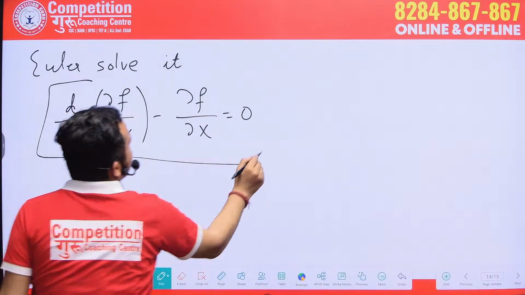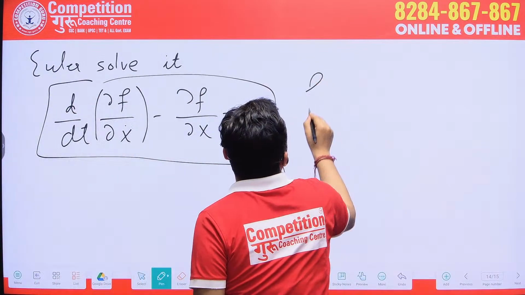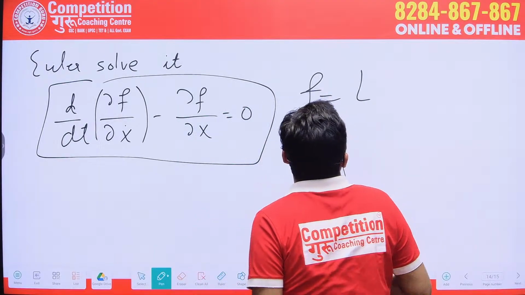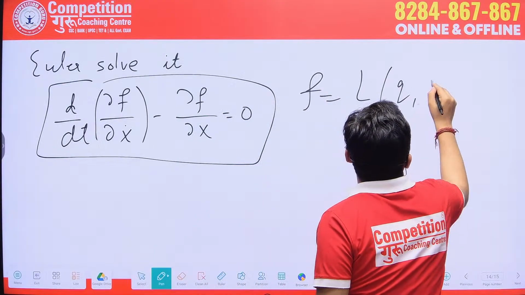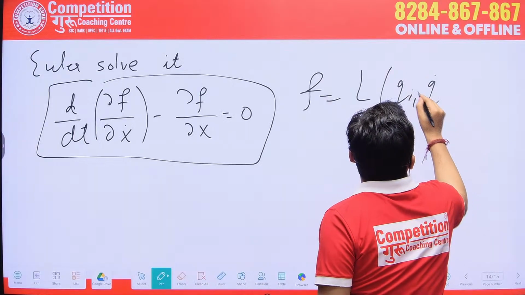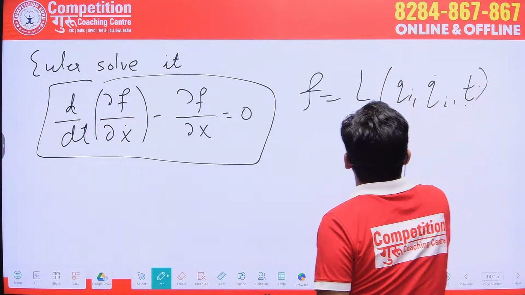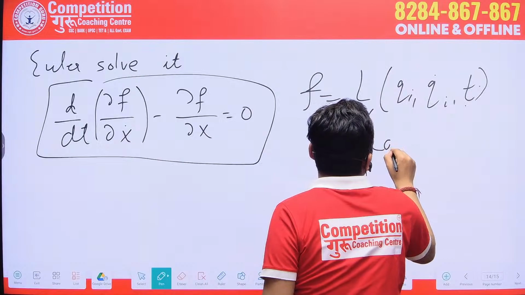The physicist Lagrange replaced this functional with some function L, which is a function of q, q dot and time, and this function is called the Lagrangian.